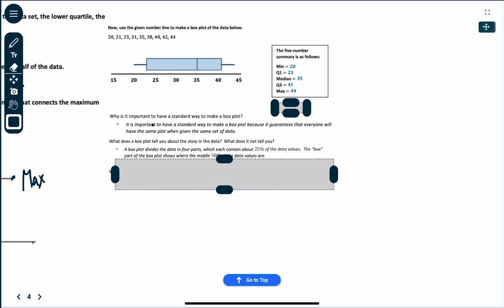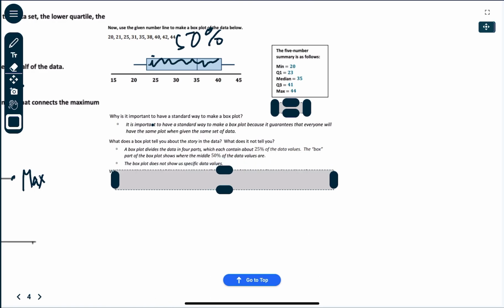Well, a box plot's divided into 4 parts. Each contains about 1/4 or 25% of the data values. The box part here represents 50%. All of this should be about 50%. I said should be. It's not 100% every time that it's going to be 50%.